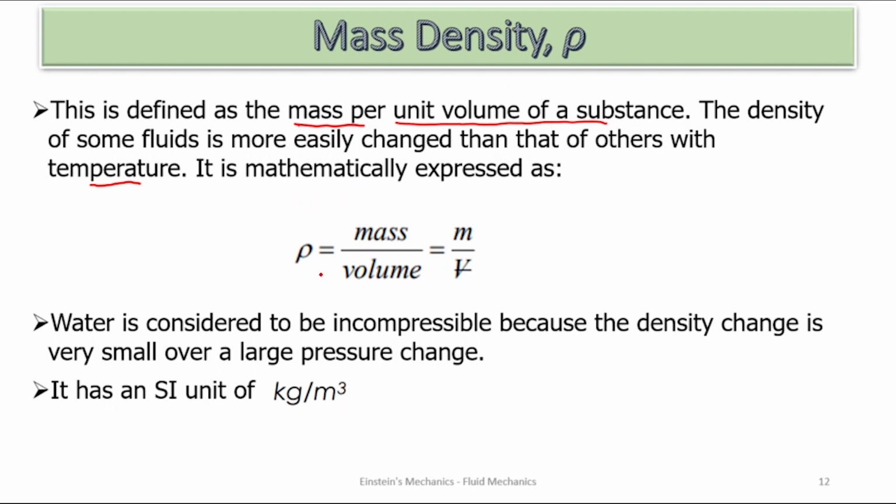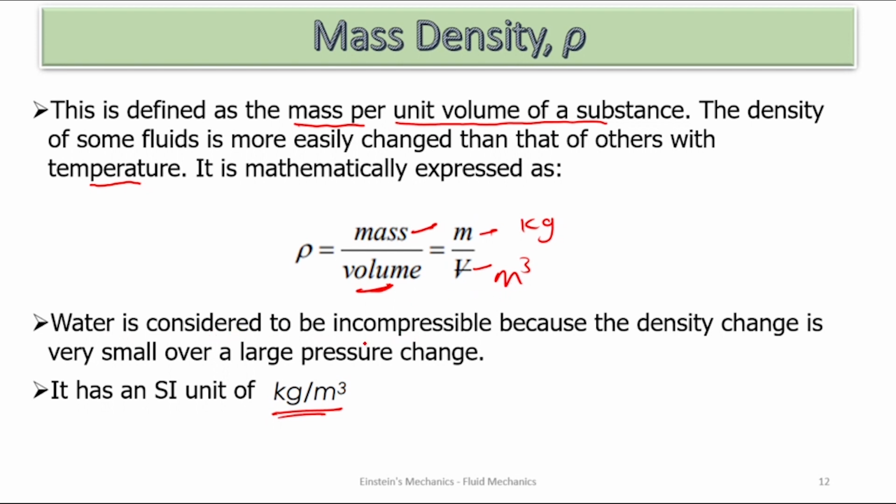So if you are given a system or a fluid, the mass density is the mass of the fluid divided by its volume. Its unit is kilogram per meter cube, because volume is measured in meter cube and mass is in kilogram. Are we good?